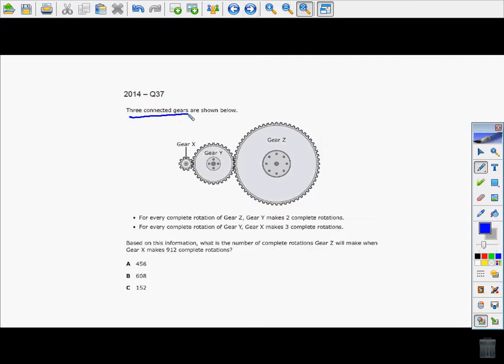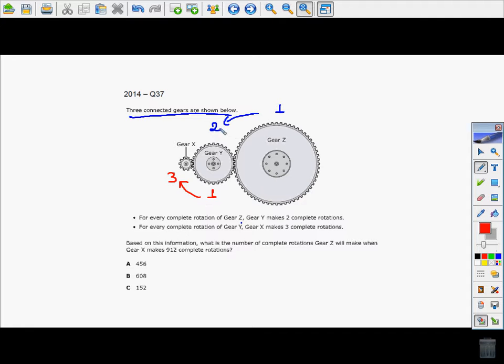3 connected gears are shown below. For every complete rotation of gear Z, which is here, gear Y makes 2 complete turns. So every 1 turn this one makes, this one makes 2 turns. Look at the second statement. For every complete rotation of gear Y, gear X makes 3 complete rotations.